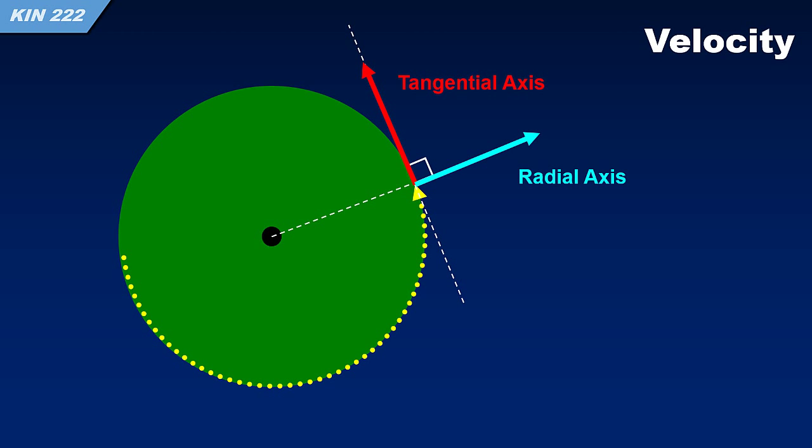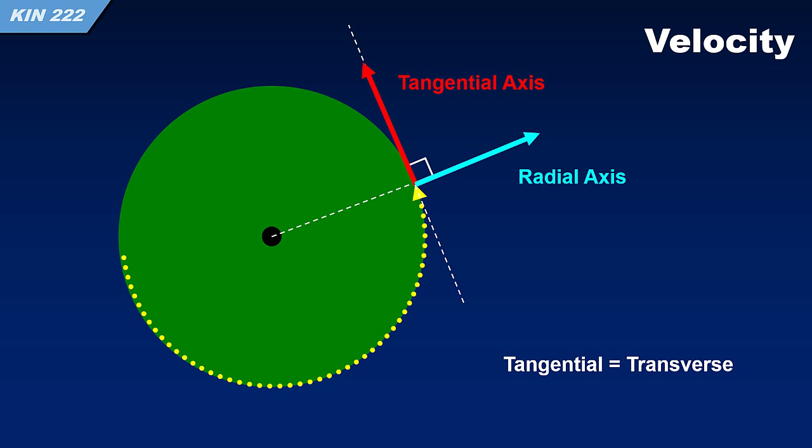One of the reasons it's called the tangential axis is that if you look at the line, you notice that it's tangent to the circular path that the point would make. Quite often, that tangential axis is also called the transverse axis, and I might call it transverse sometimes, and it's called transverse in some of the problem sets, but they mean exactly the same thing. So the tangential axis is the same thing as the transverse axis.